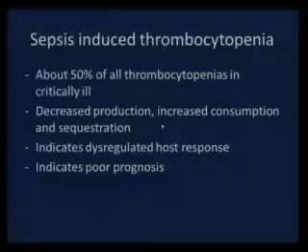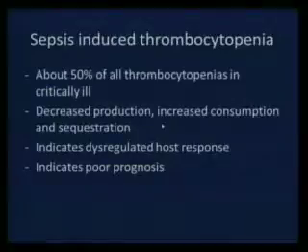Consumption, how? By thrombin generation due to sepsis. Sequestration, how? By hemophagocytosis. So all these things are coming into play here, and they are indicating a dysregulated host response. This usually indicates a very poor prognosis. It indicates an even worse prognosis if the patient presents with shock.